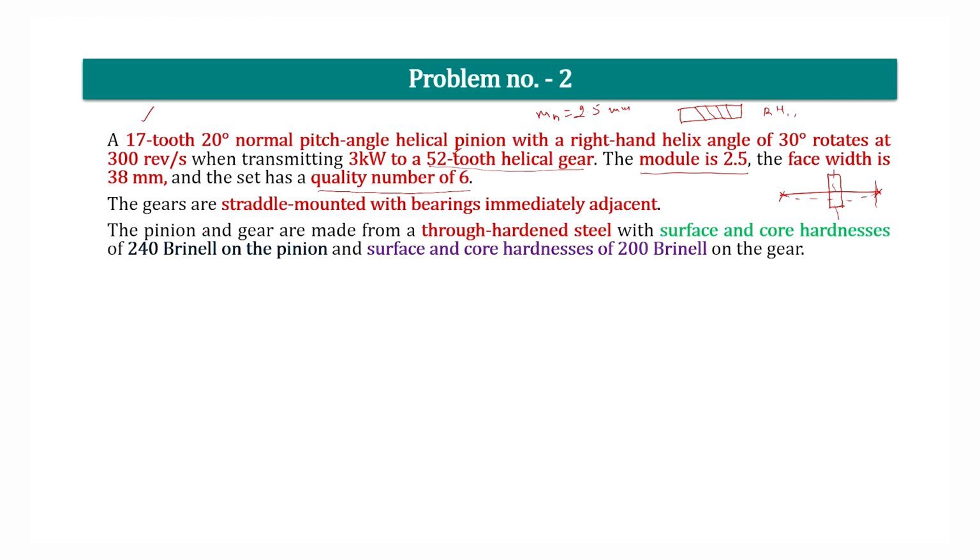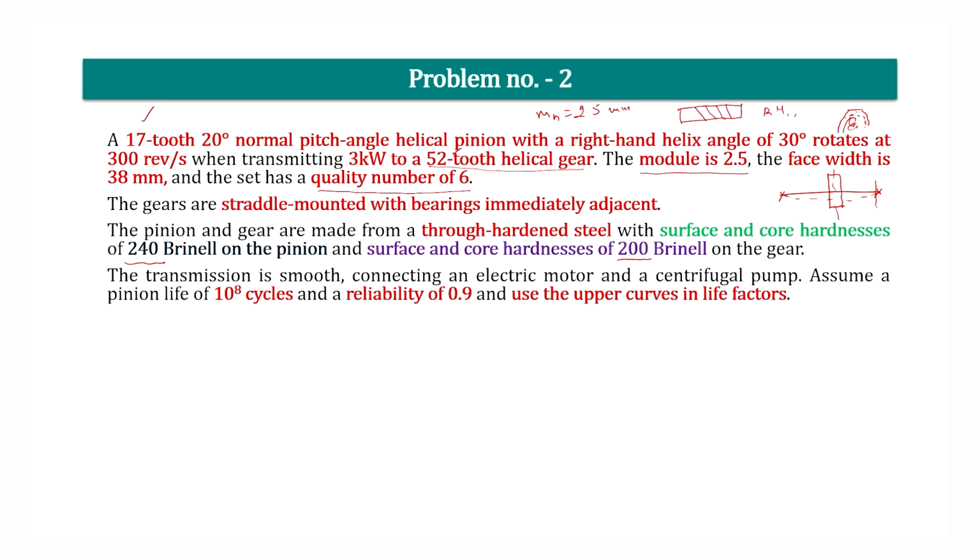That means both are through hardened, with no separate hardness for the core and the case. Throughout the gear it is hardened to a similar Brinell number. The gear is hardened to 240 Brinell and the pinion to 200 Brinell.